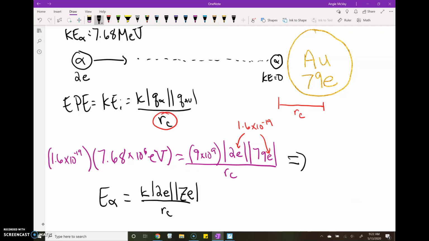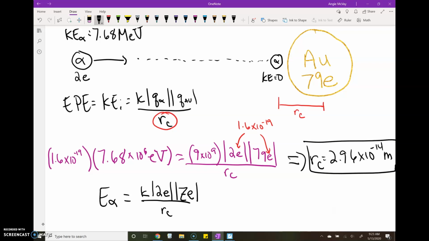It turns out that when we do this math, the critical radius is 2.96 times 10 to the negative 14 meters. That's as close as you can get to the center of the gold nucleus.